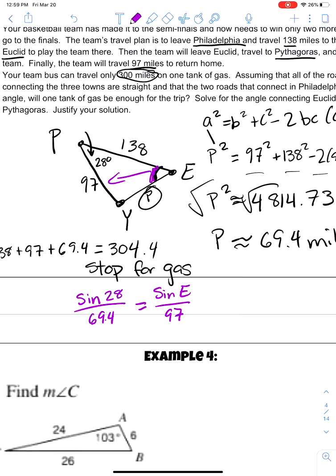So we're going to take sine of 28 and multiply by 97, and that will give you about, again, all of these are about.